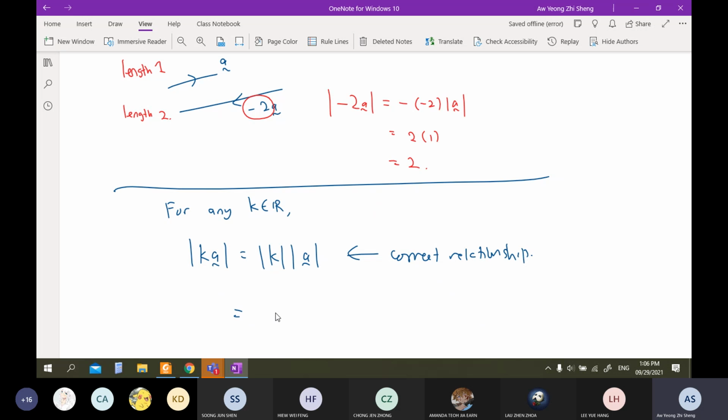This can be further broken down into K times modulus A if K is more than or equal to 0, and minus K times modulus A if K is less than 0. So this is a correct relationship that is applicable to all real values of K.